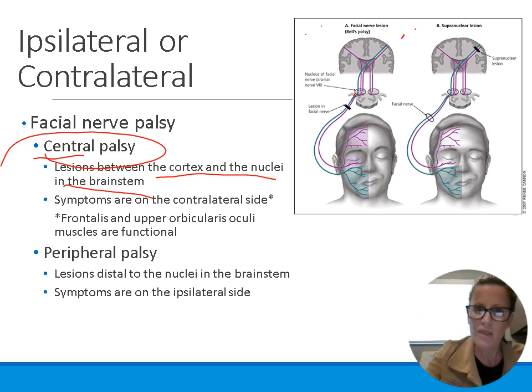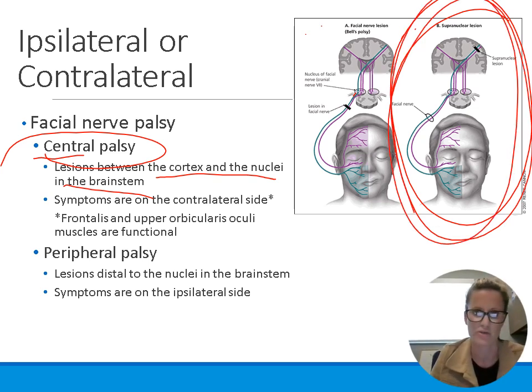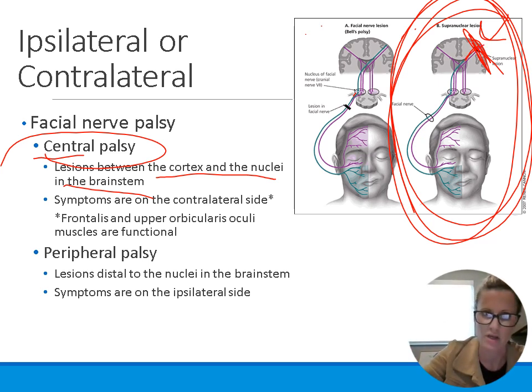So this picture here is showing us a central facial nerve palsy. You can see this little black line showing us there's a lesion up here in the cerebrum. So what that means is that there's no green fibers coming from there, right? Remember, the green fibers come in and they crisscross and go to the bottom of the face.